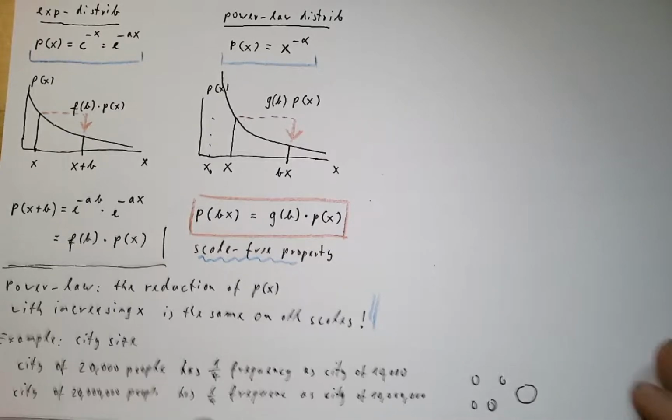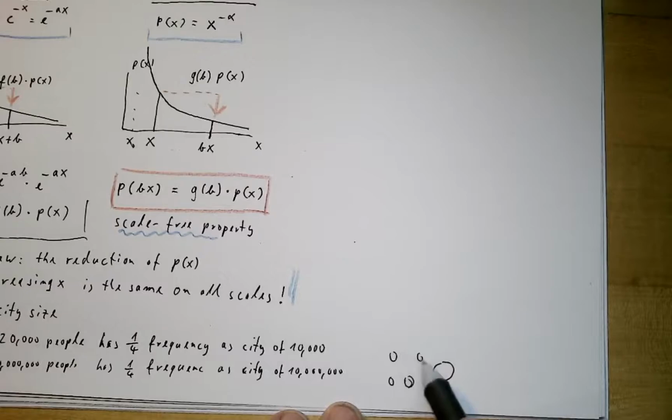So you would see something like this. You would see 4 times small cities compared to a city with a double size. From this you could not figure out if the size of one city is now in the order of thousands or in the order of millions, because this kind of pattern you would find on all different scales.